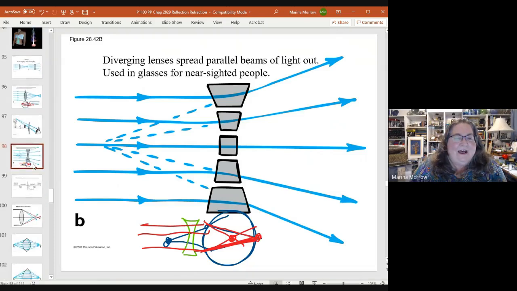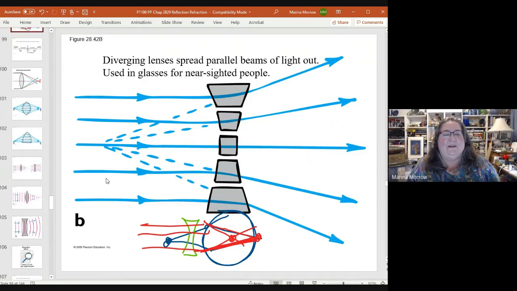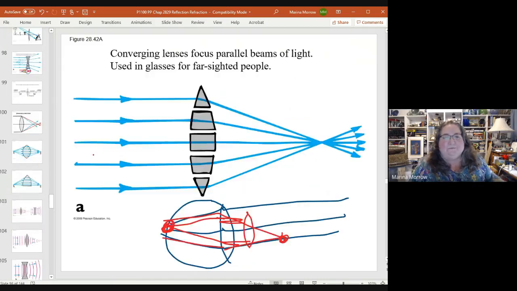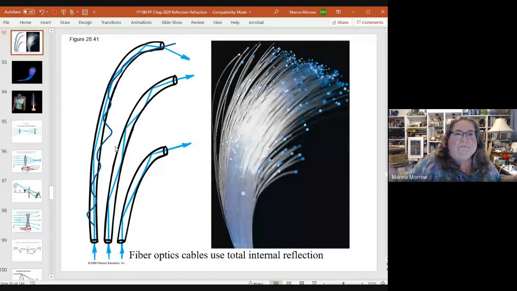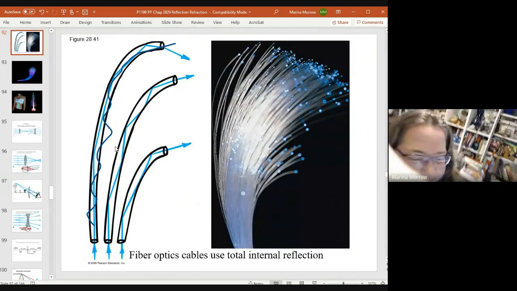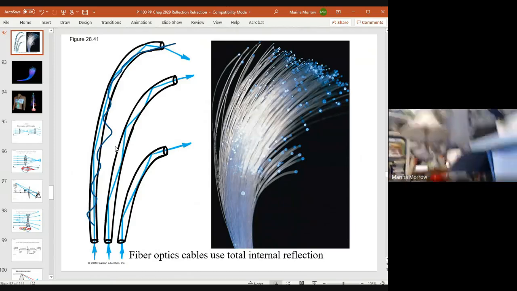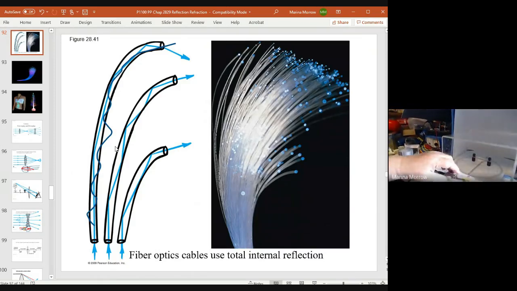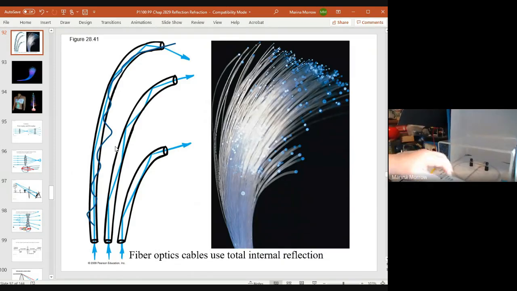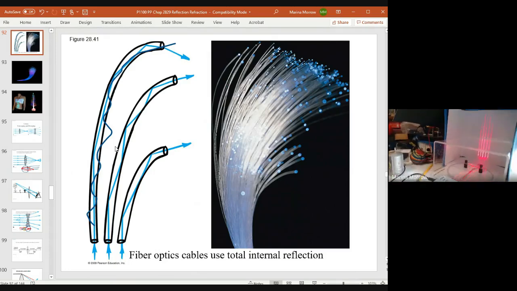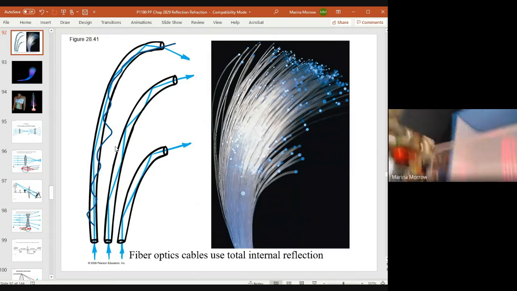All right, so what we're going to do is run over and look at some demo over here quickly because we've already been here quite a bit. So what I've got is a laser beam array box.